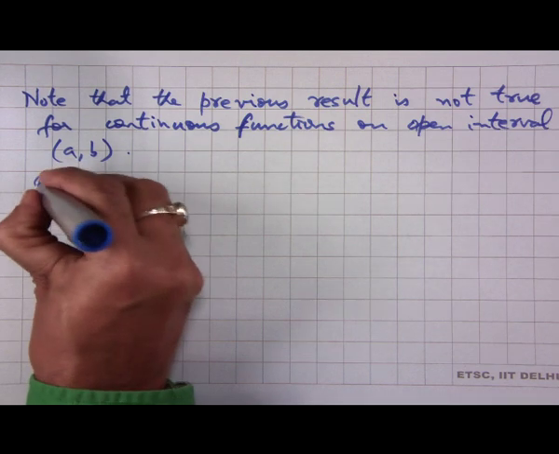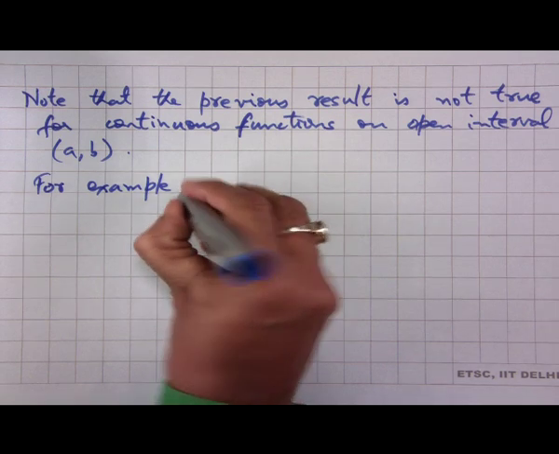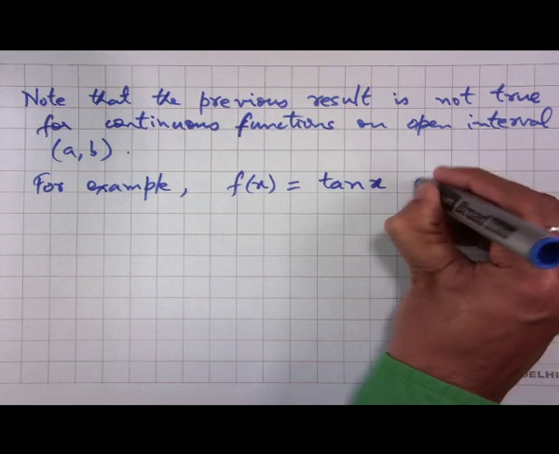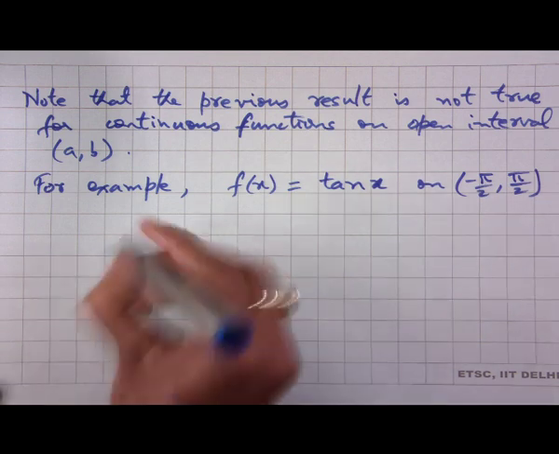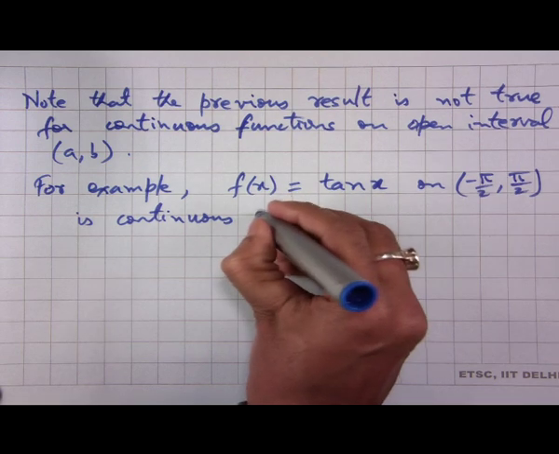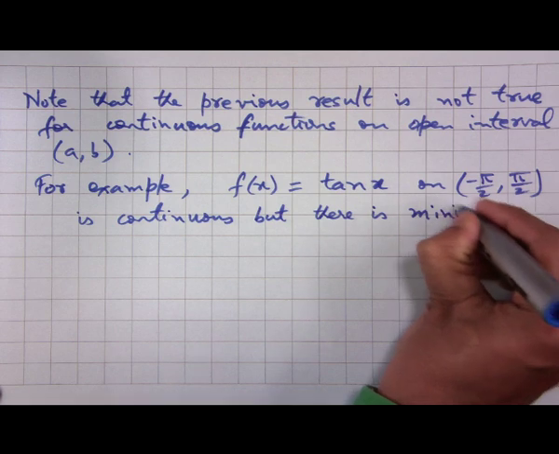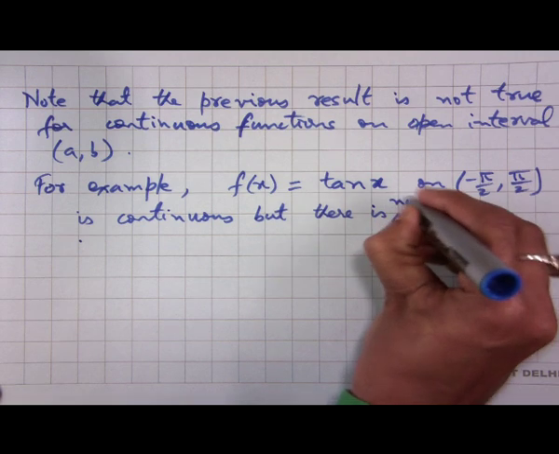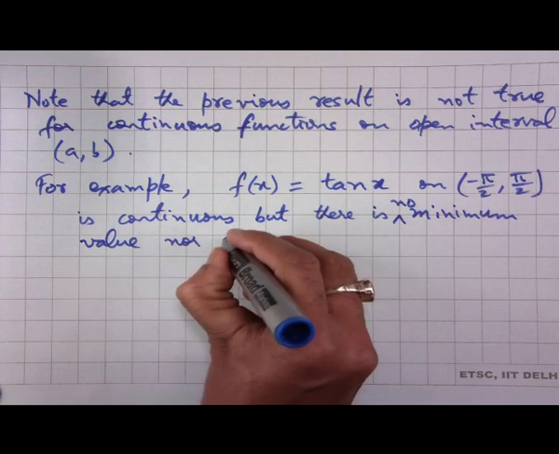For example, if you take say f of x equal to tan x on the open interval minus pi by 2 to pi by 2, it is continuous but there is no minimum value, nor maximum value.